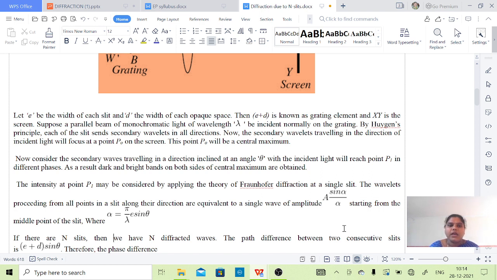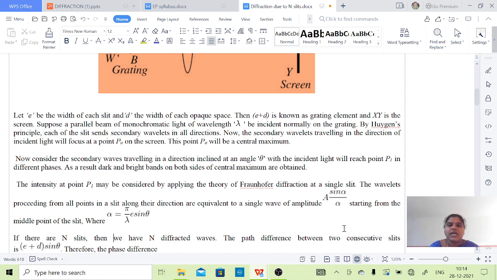Suppose a parallel beam of monochromatic light of wavelength lambda is incident normally on the grating. By Huygens principle, each slit sends secondary wavelets in all directions. That means each point on the primary wave acts as a secondary source for the wavelets.